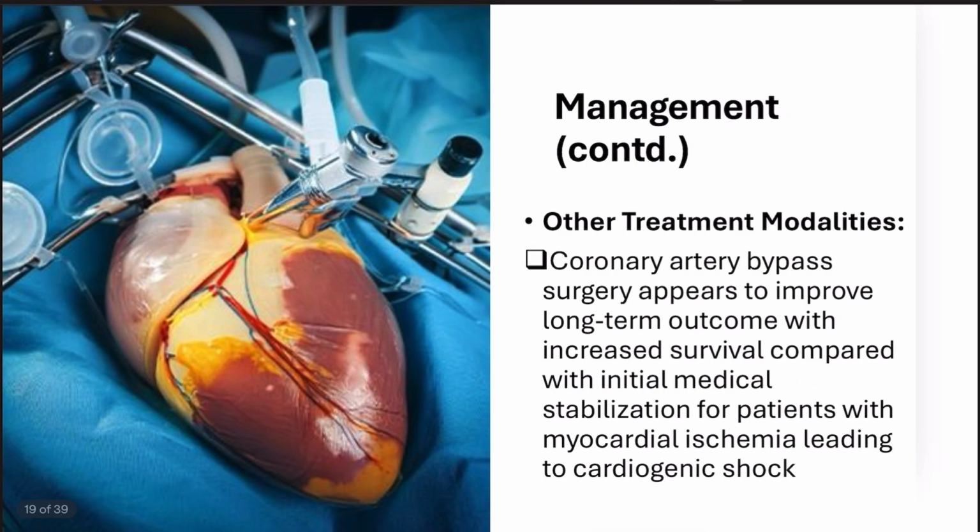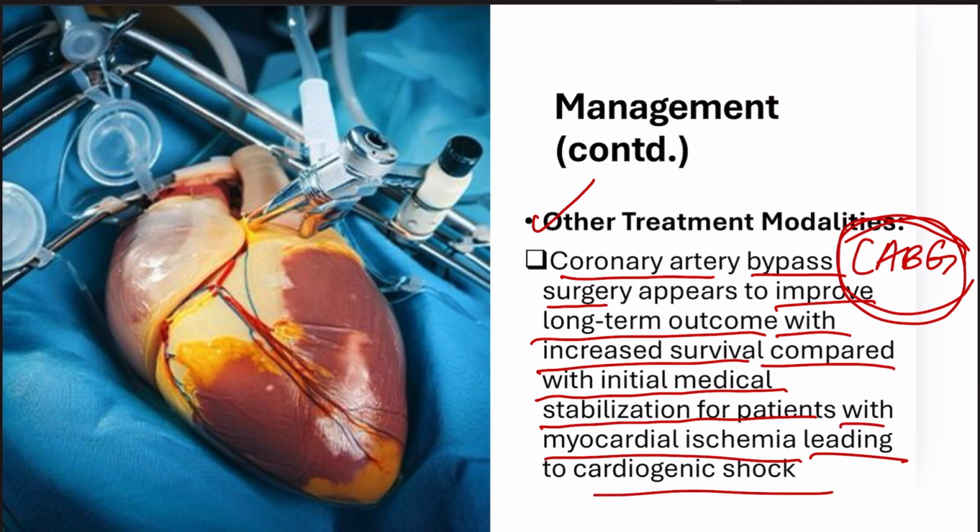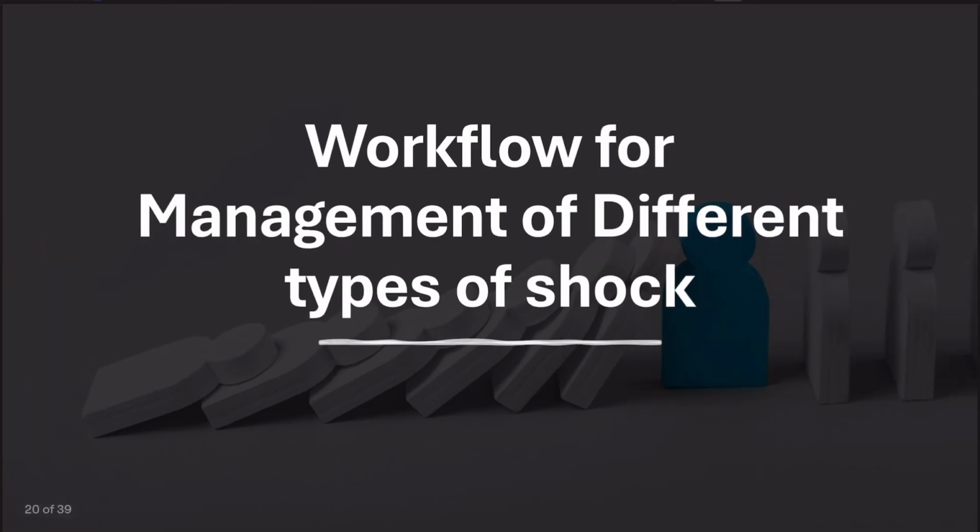Then continuing with the other treatment modalities, coronary artery bypass grafting, that is CABG, appears to improve the long-term outcome with increased survival compared with initial medical stabilization for patients with myocardial ischemia leading to cardiogenic shock. So if the cardiogenic shock is due to myocardial ischemia, then one of the treatment modalities can also be coronary artery bypass grafting.